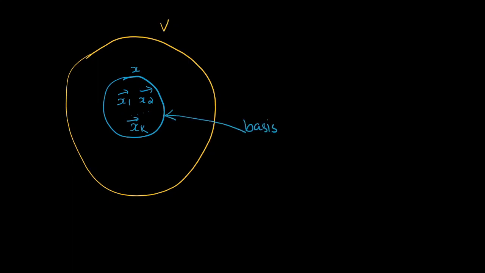So consider the vector space V and a subset of it, X. The vectors inside X can be represented as x1, x2, etc. up to xk. We can call it a basis if we can represent the vectors in V, like v1, v2 and v3, or any number of vectors in the vector space V, each as a combination of these vectors x1, x2, etc. up to xk.